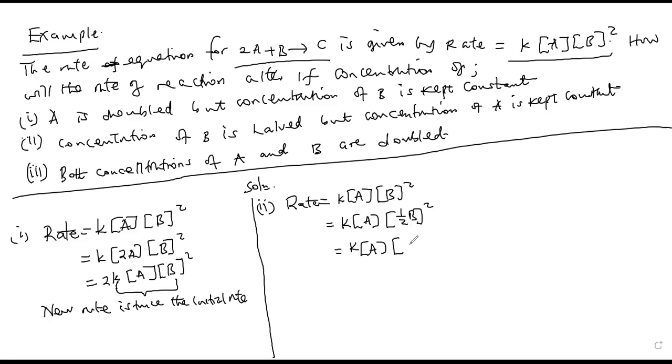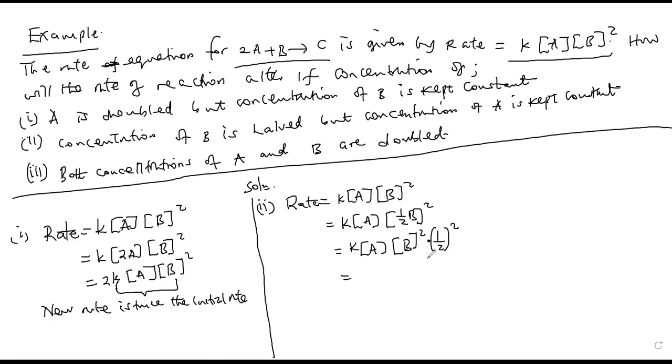So one can have B squared separate and then a half squared also separate, because the concentration of B was halved. So it means we have a half B, but the whole thing is squared, meaning this square affects this and this. That's why I've moved it out, so that I keep the original and see by what factor it has changed.